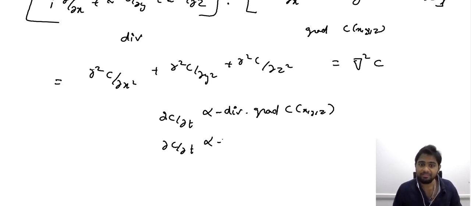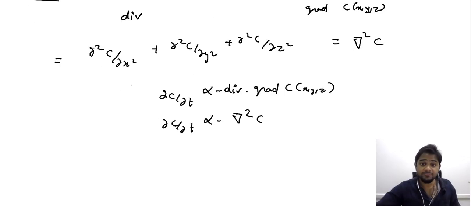This is equal to minus the second derivative of the concentration with respect to the individual spatial coordinates. So this forms the basis of Fick's second law.